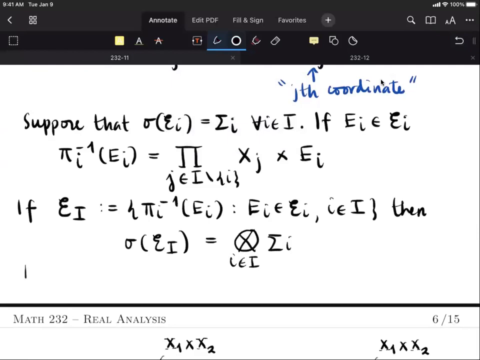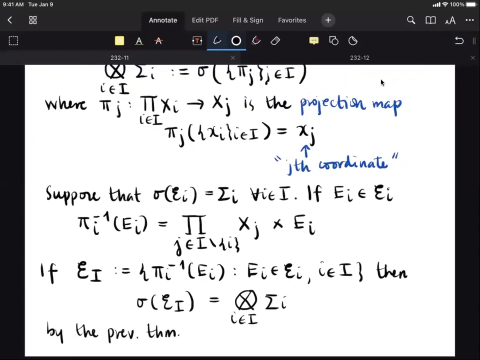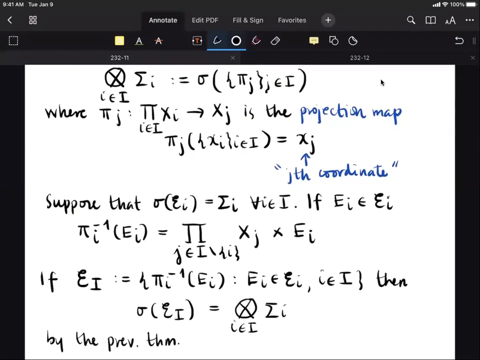Therefore, we can generate the product sigma algebra by collecting all the inverse images of the projection maps applied to the elements of the generator.